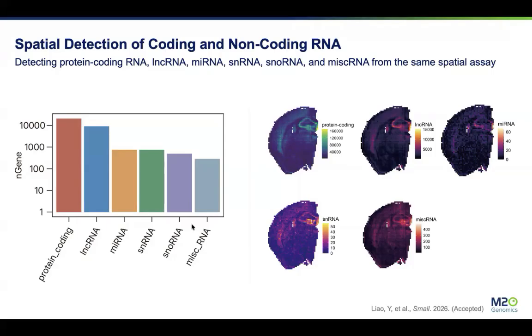These non-coding RNAs show distinct spatial patterns rather than random distribution, so they suggest their organization within native tissue architecture. This expands spatial transcriptomics beyond protein-coding gene expression and provides new opportunities to investigate spatial regulatory mechanisms involved in disease biology.